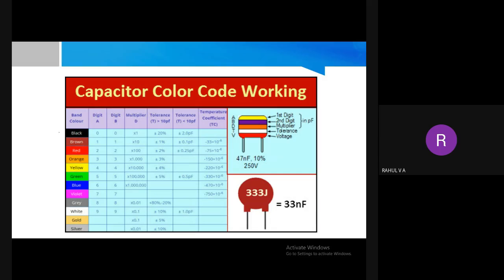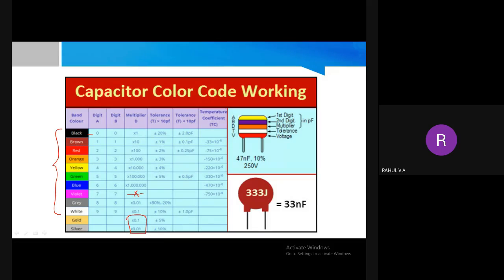If you see this side, it is also following the same thing. That is BB Roy, Great Britain has a very good wife, that method. And the value of black is 0, then brown is 1, red is 2, like that. The value is the same as in the resistor. And you note that there is no multiplier value for violet color and there is a multiplier value for gold and silver.